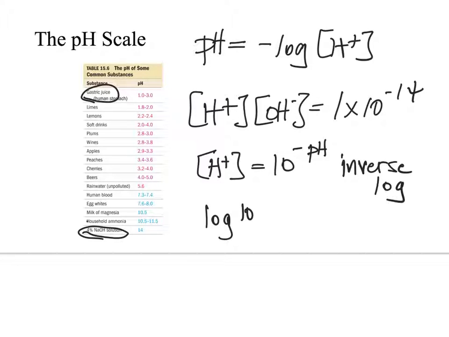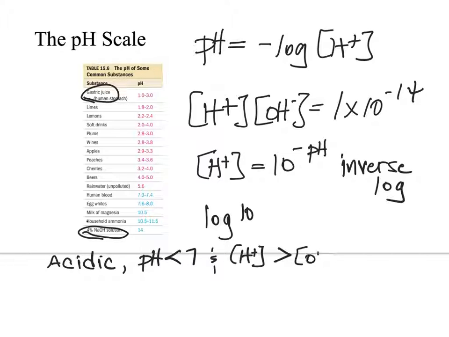A couple of things to note here, and this has been said in other presentations, but not quite the same way: for an acidic solution, pH is less than 7 and hydronium is greater than hydroxide.